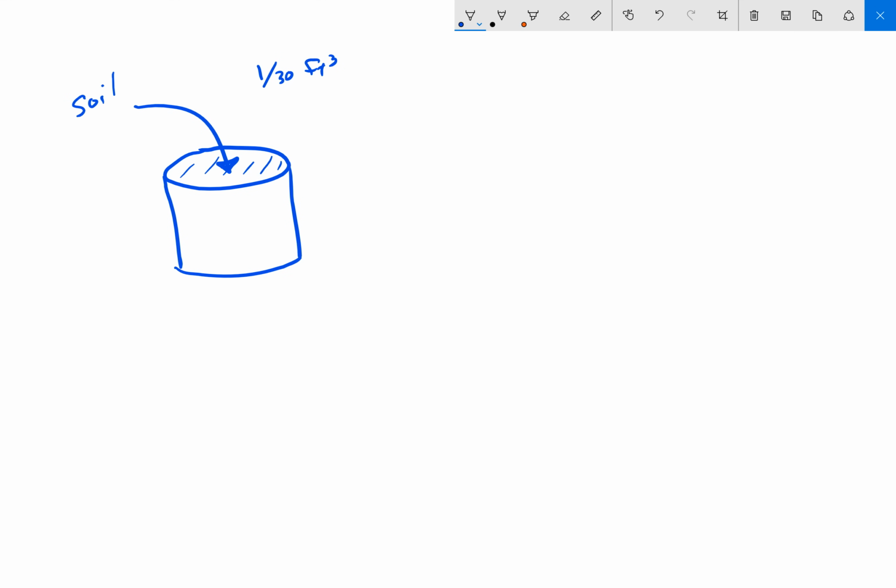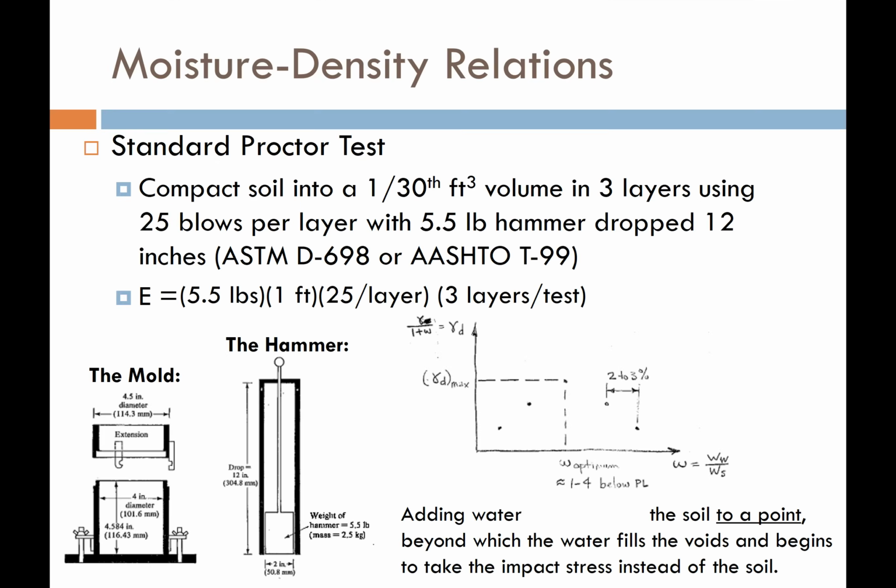But we're not going to just dump it in there in one specific lift. What we're going to do is we're going to use a hammer of a known mass, a 5.5 pound hammer that's going to be dropped over a distance of 12 inches. And we're going to put the soil into the mold in 3 different lifts. So for instance, we're going to come in here and we're going to put one lift down, fill it 1/3 of the way up, and then we're going to pound it with the hammer 25 times.